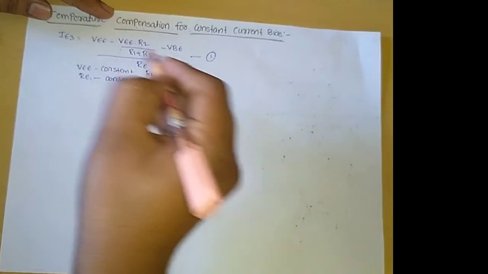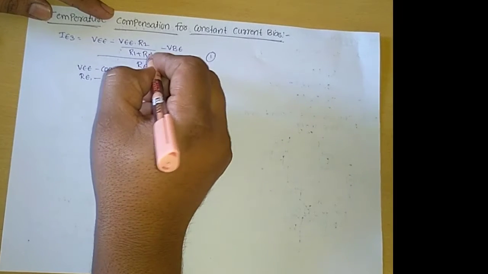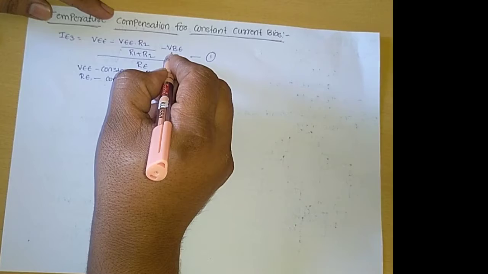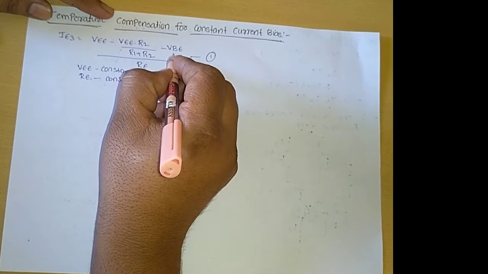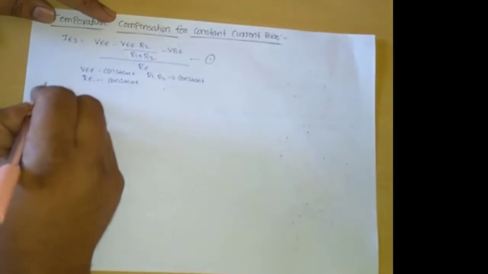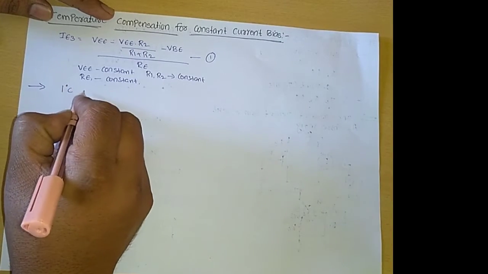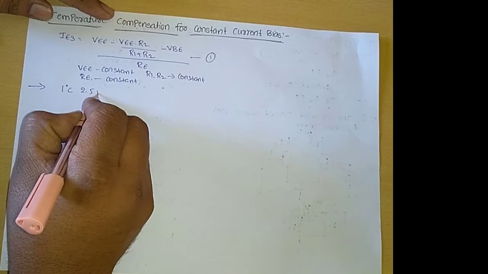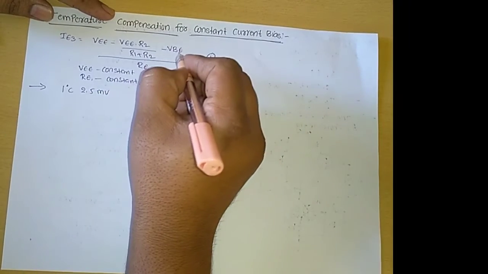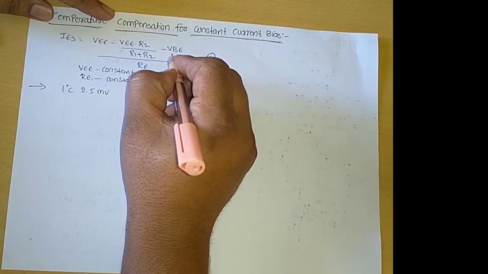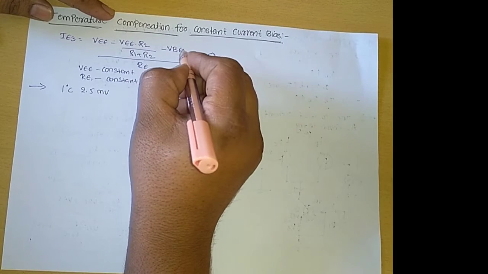But in this equation, VBE is not constant. It means the VBE voltage depends on the temperature. We know that for 1 degree centigrade, the VBE value changes by 2.5 millivolts, so the VBE voltage changes with respect to temperature.